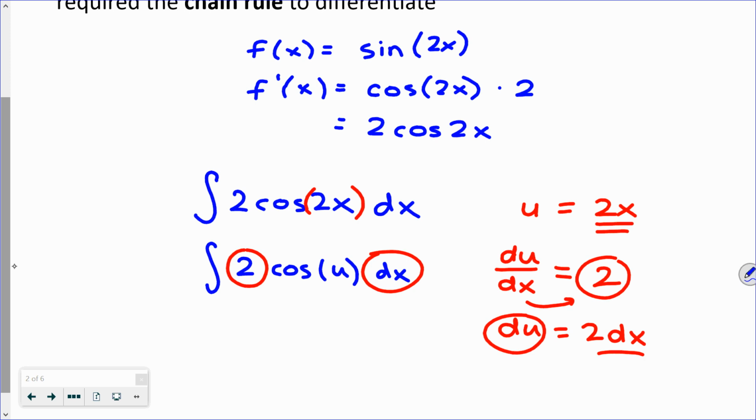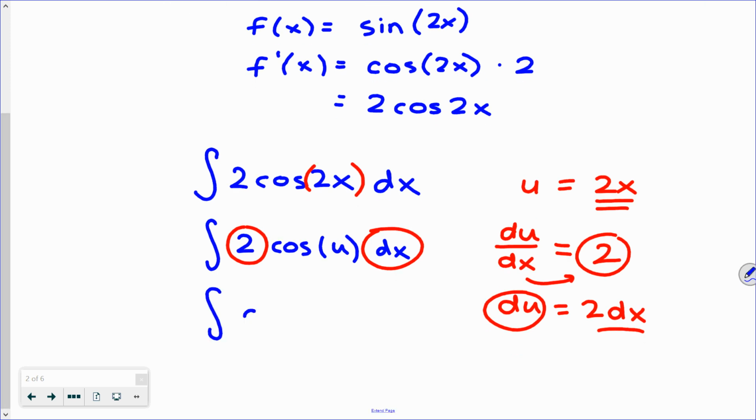And so the thing I end up actually integrating is cosine u du. Once I have gotten the u and the du to match, I've got the period at the end of the sentence. Du matches the variable that's in the function that I'm trying to get the antiderivative of, so cos u. We would not have been able to do the antiderivative at the earlier step because dx does not match the u variable that I'm looking at.